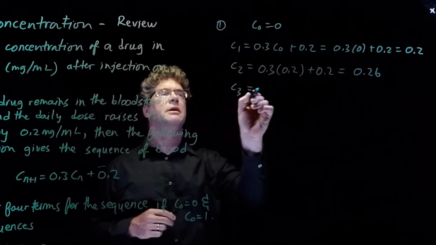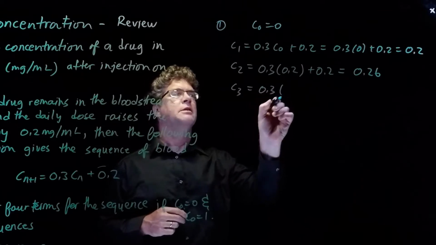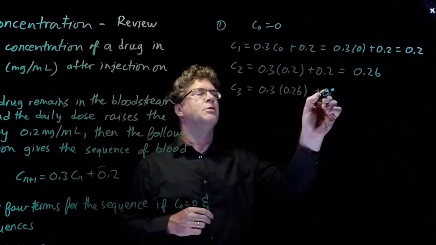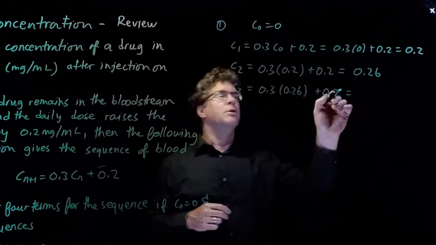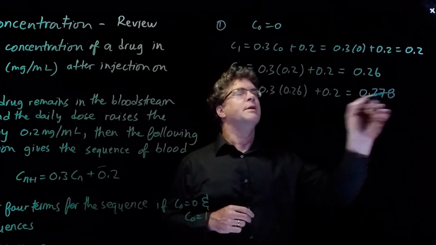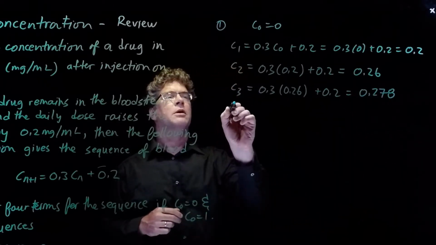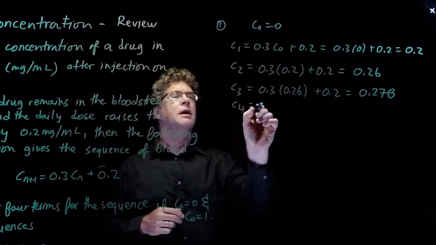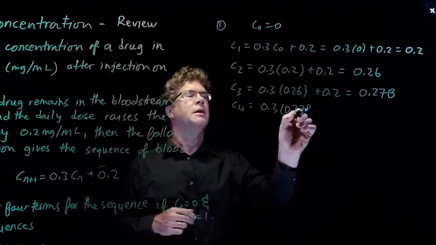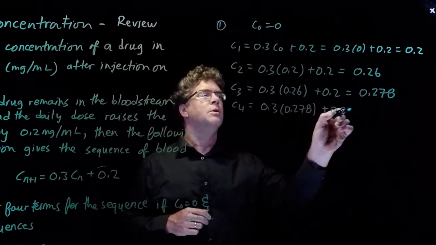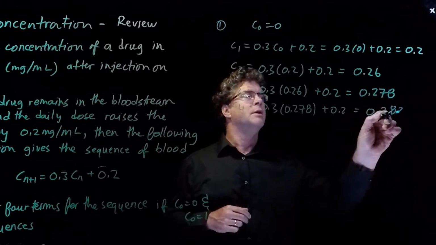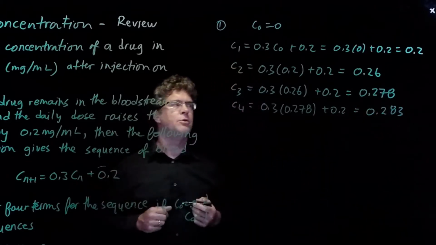Continuing, C3 is 0.3 times the value we just calculated, 0.26, plus 0.2. And if you put that on your calculator, that's 0.278. Let's do one more, C4, and it's 0.3 times 0.278 plus 0.2, and that turns out to be 0.283. Okay, and we could continue further if we wanted to.